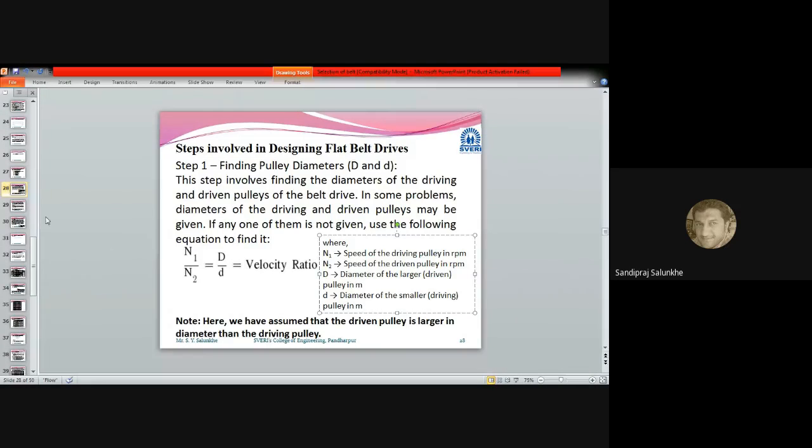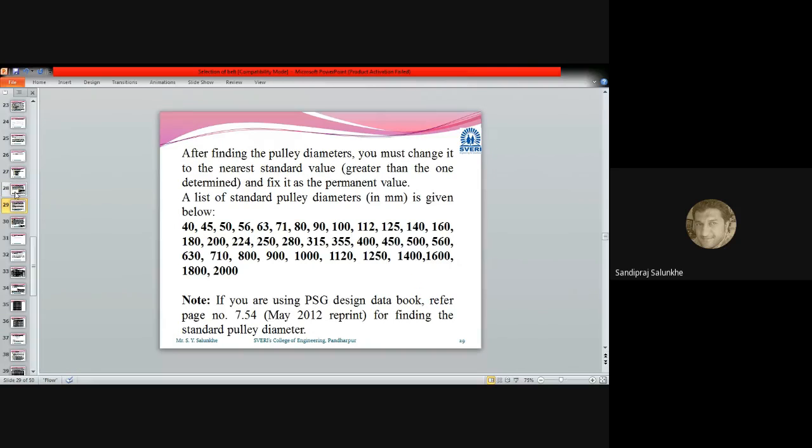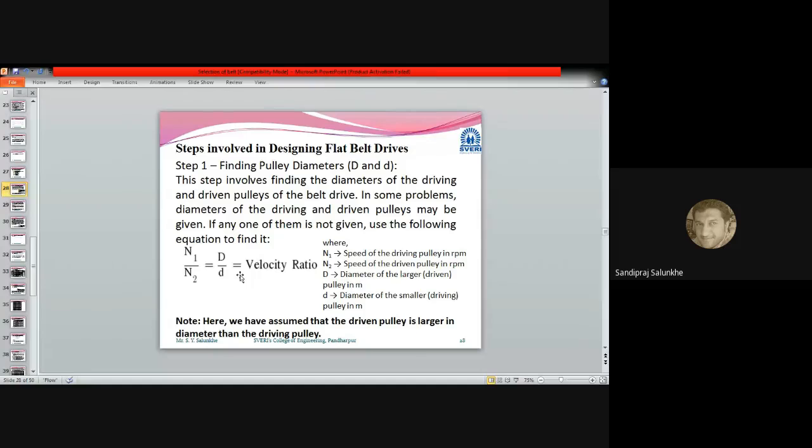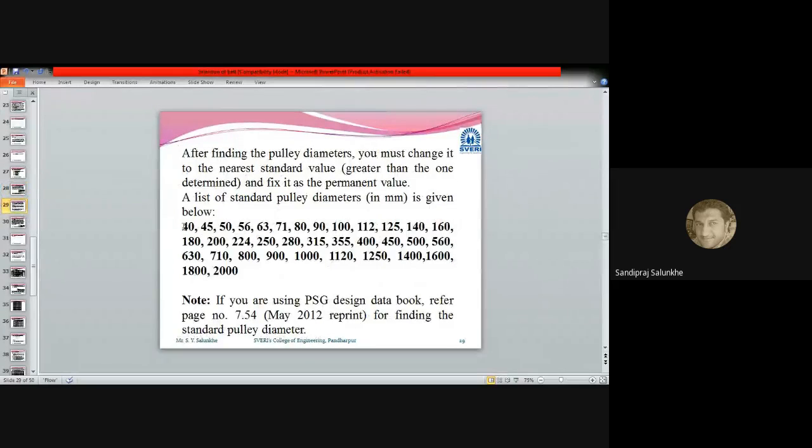When we have calculated this velocity ratio, then we are going to select the pulley diameter from the standard diameters which are available.